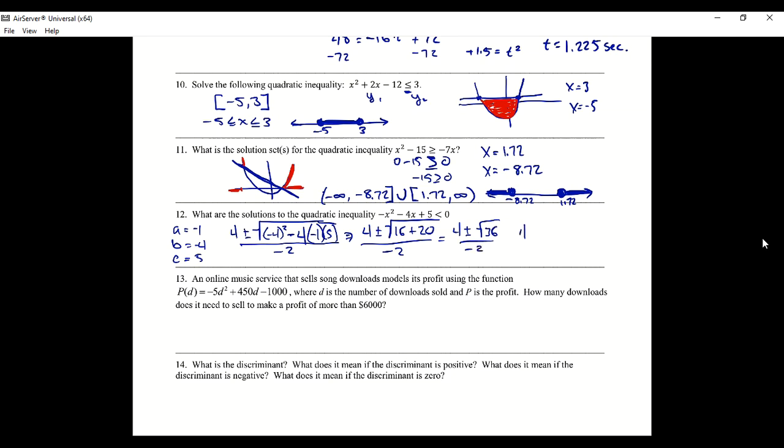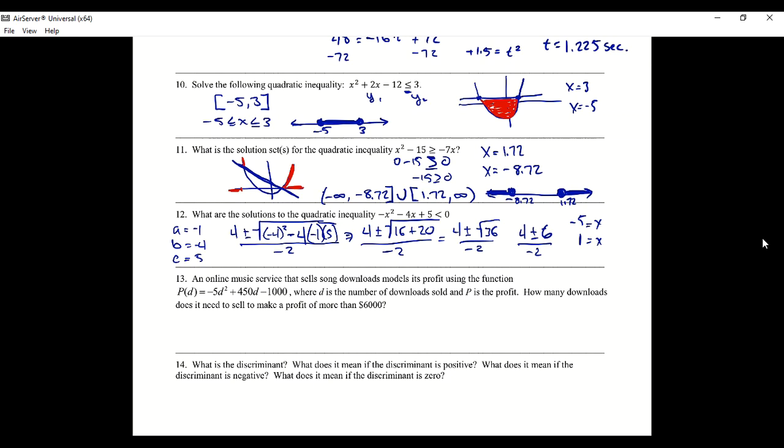Or 4 plus minus 6 over negative 2. So 4 plus 6 is 10, divided by negative 2, negative 5. 4 minus 6 is negative 2, divided by negative 2, 1. Those are our endpoints.